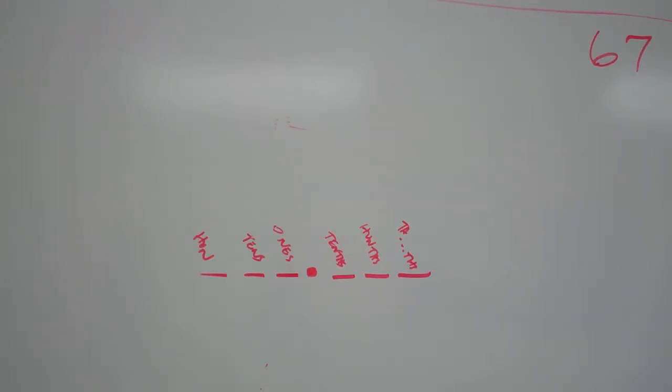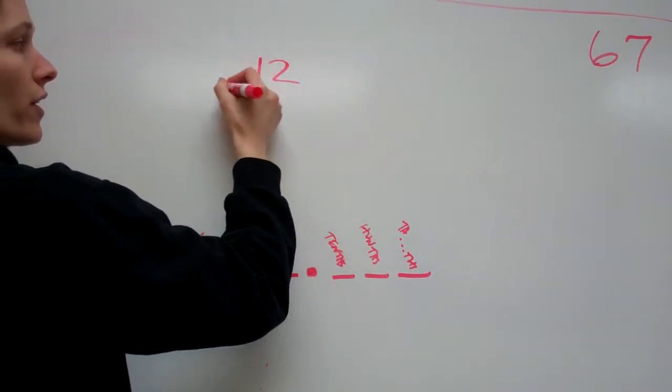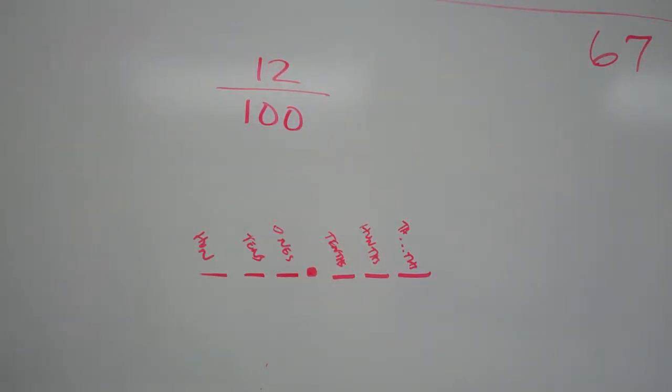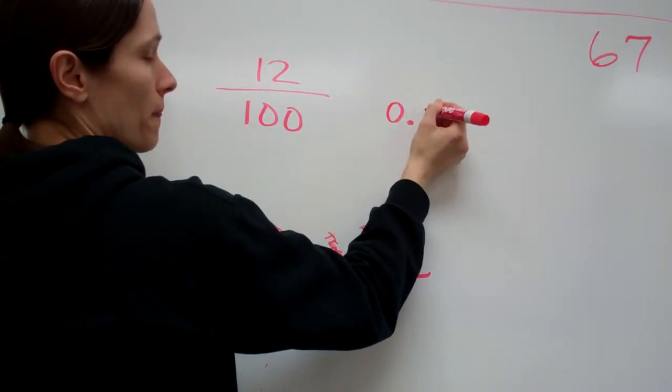12 hundredths. Okay, so watch what it's going to be. 12 hundredths is 12 over 100. And what does that look like as a decimal number? Would it be 0.012?